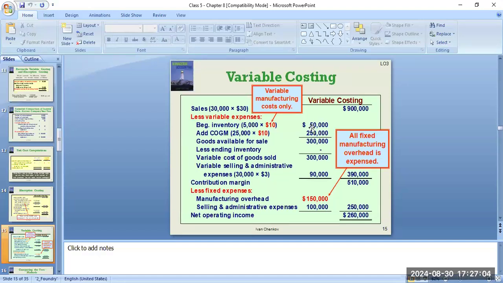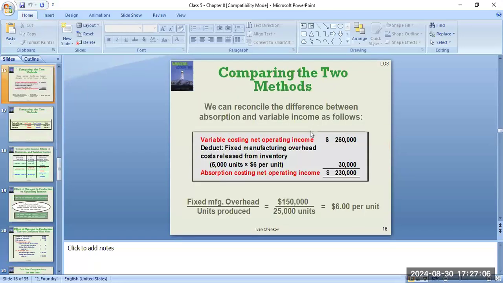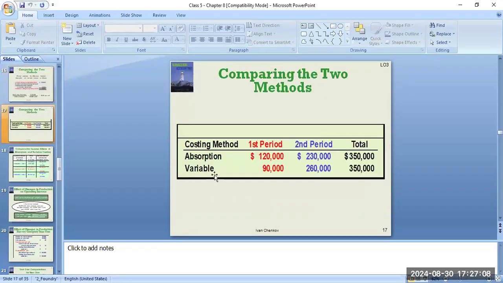So the conclusion that we can make is this. In the first period, absorption produces higher income than variable, when we're producing more and selling less, or when we're building inventory.